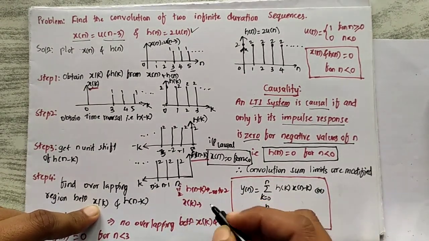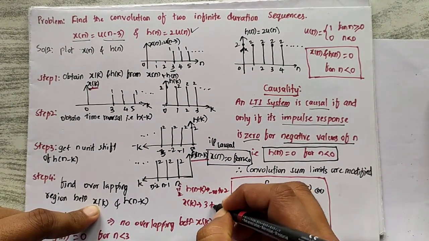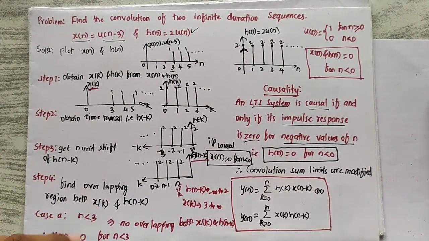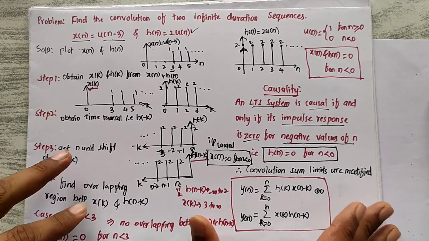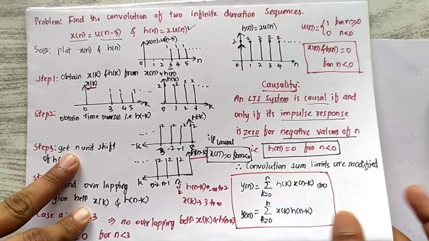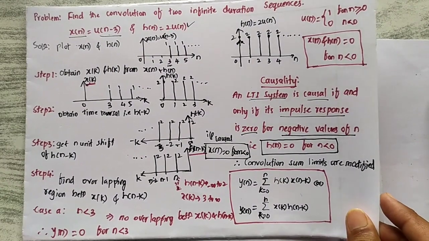X of k will be staying from 3 to infinite. So obviously there is no overlapping for this region, that is for n less than 3, the y of n will be 0. This is the case A. Okay, next you will see the case B.